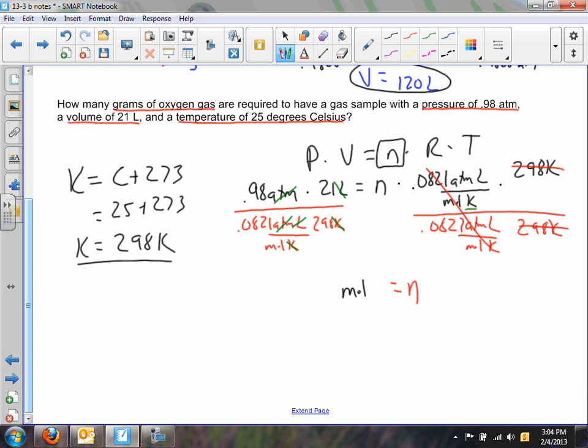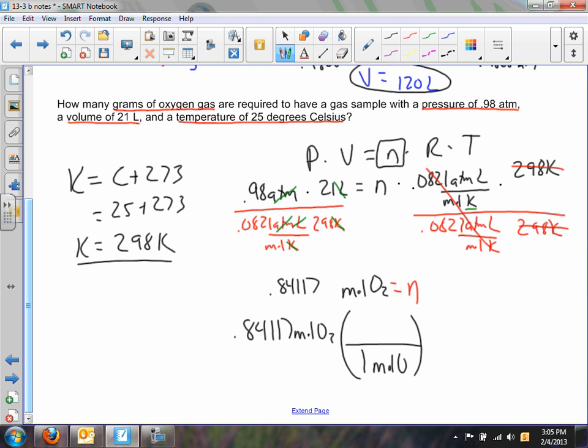And let's take 0.98 times 21 divided by 0.0821 and divide that again by 298. I would have 0.84117 moles of oxygen. But the question doesn't ask for moles, it asks for grams. But we all know that we can change moles into grams very simply by looking at the periodic table.